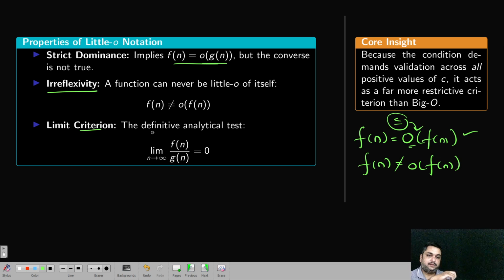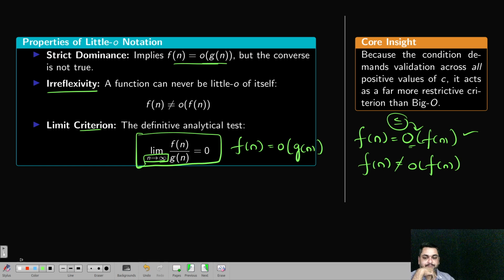So how will you find it? The intuition is as the input size n approaches infinity. That means mathematically representing it as n approaches infinity, that is, for a very large input, how the growth happens. This is the method I am telling: f of n is equal to small o of g of n only if this holds. Why? Let us see. What we mean to say is to write like this.